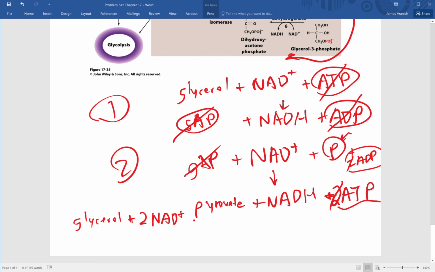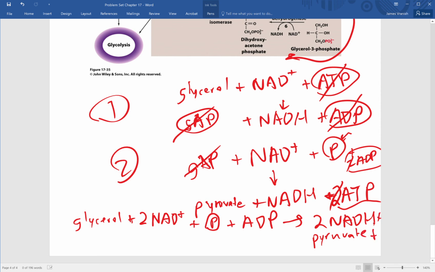And so now we have glycerol plus 2 NADs plus a phosphate plus an ADP reacting to give us 2 NADHs, our pyruvate, and 1 ATP.